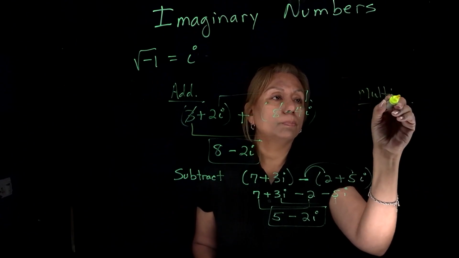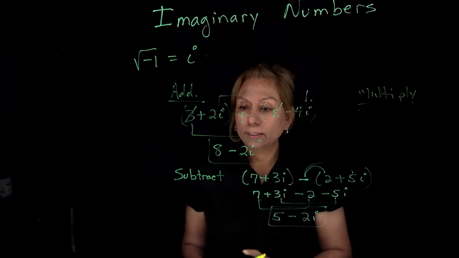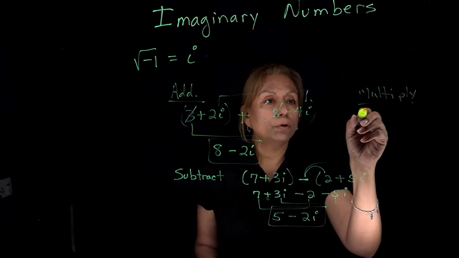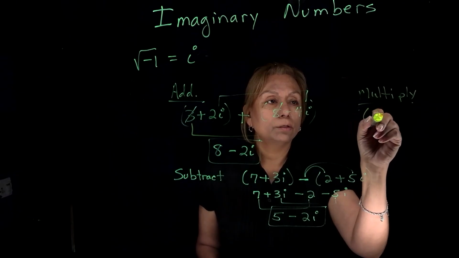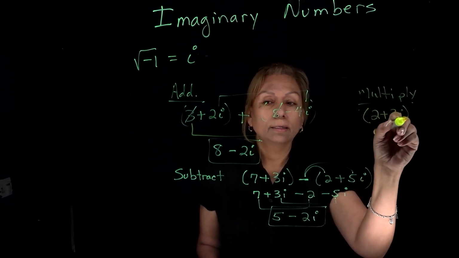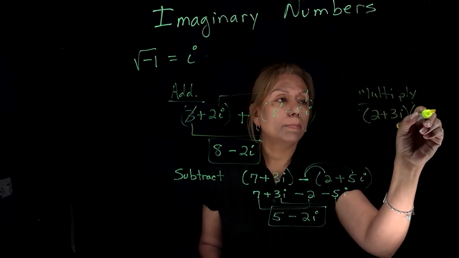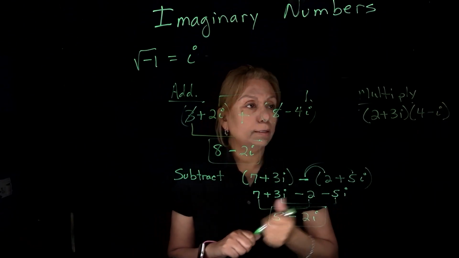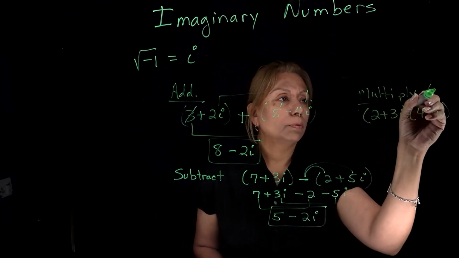If we multiply complex numbers, we can use the FOIL method, if we remember it. So let's look at 2 plus 3i times 4 minus i. If we recall the FOIL method, I'm going to put FOIL here in parentheses.